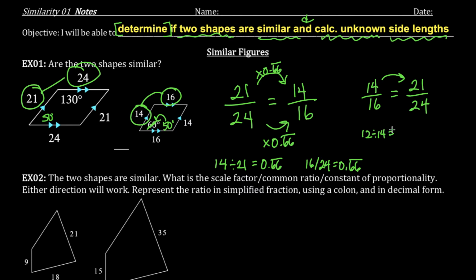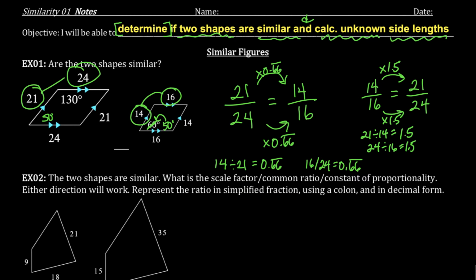So let me get that one right. 21 divided by 14 is 1.5. And 24 divided by 16 is 1.5, so times 1.5. So they have to be the same shape, same angles, remember? That's why I had to change that one. And this is called the scale factor. So depending on which way you go, these are the scale factors right here.